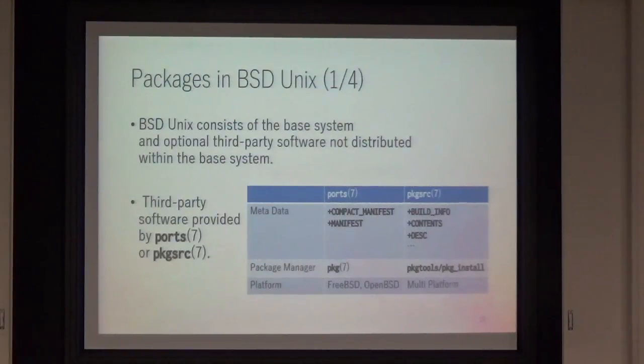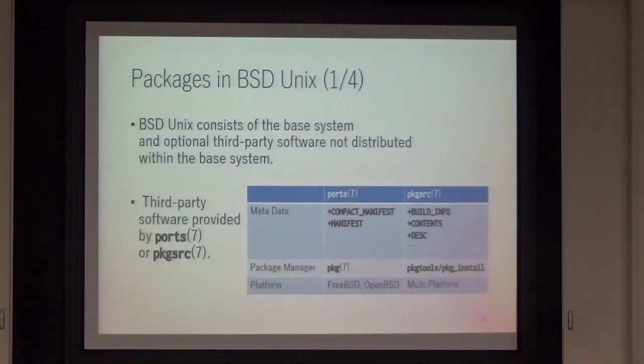The third-party software is called packages on both FreeBSD and OpenBSD, and likewise on NetBSD, where we can use packages on a lot of platforms. And in FreeBSD, pkg can be used to manage packaging. The metadata consists of compat manifest and manifest.